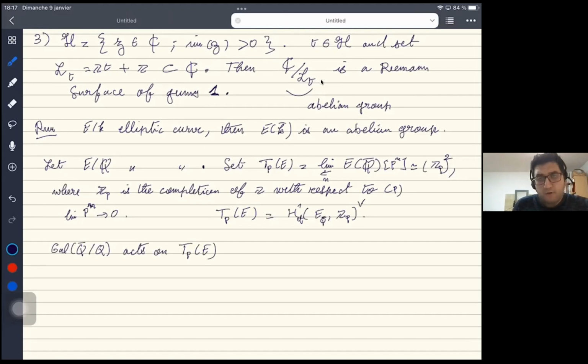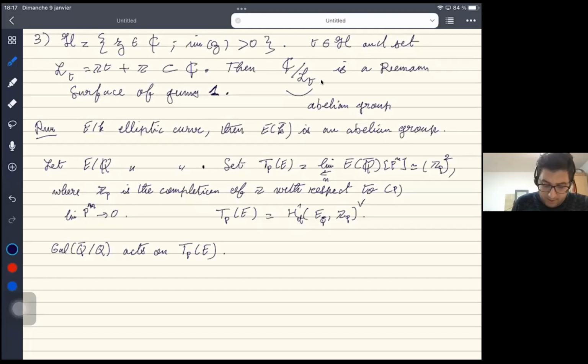And here what I mean by E(Q bar) is the solutions of your elliptic curve in Q bar. And since the coefficients are in Q, when you act on the solution by an automorphism which fixes Q, it will not move the coefficients. So the image of any solution under conjugation by an element of the Galois group will remain a solution.